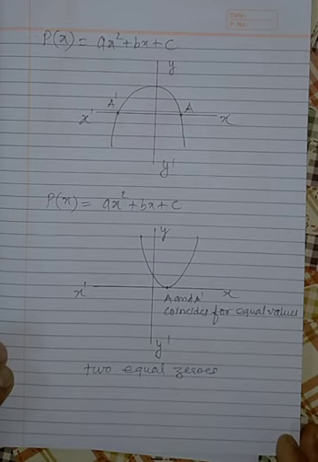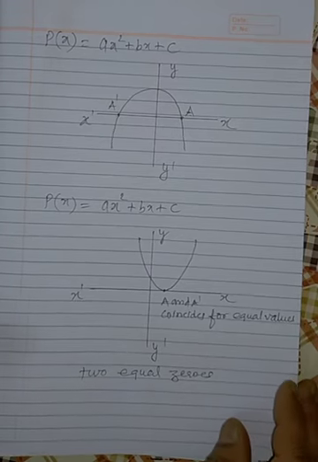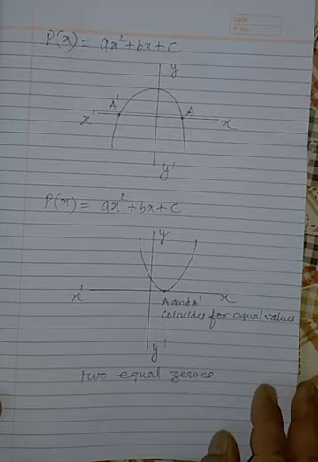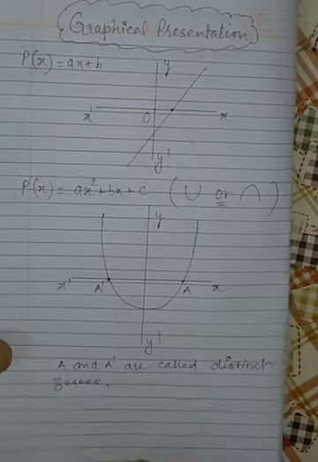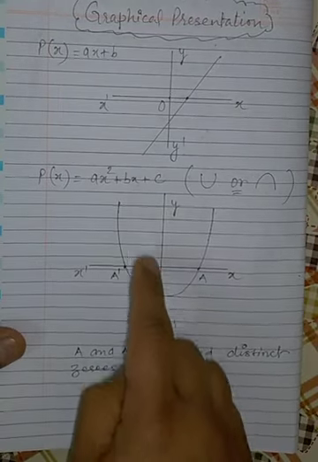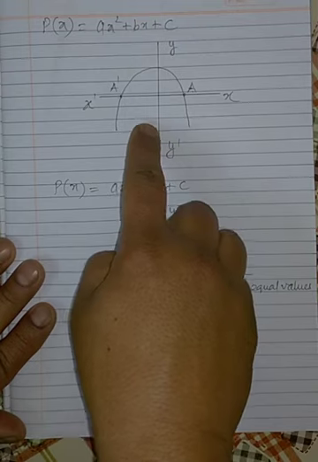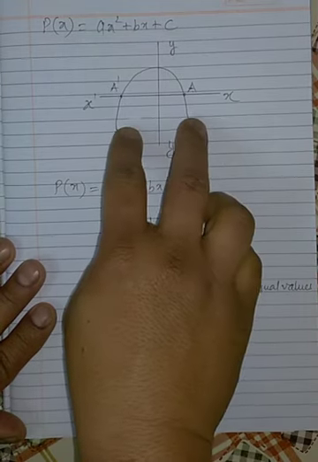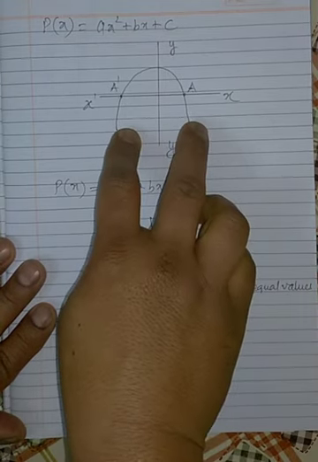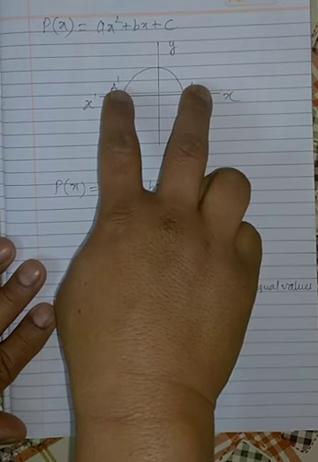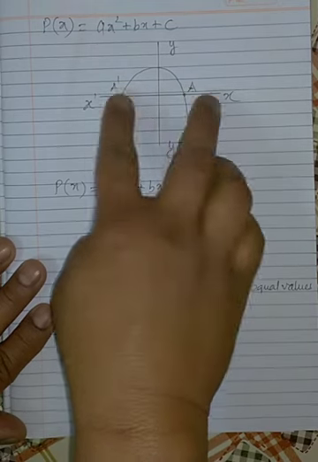So we can have three types of graphical presentation for the quadratic polynomial. First one we had this, in which the parabola is opening upward. Second one we have this, in which the parabola is opening downward. But in both the cases we saw the two distinct zeros. Distinct means different zeros.